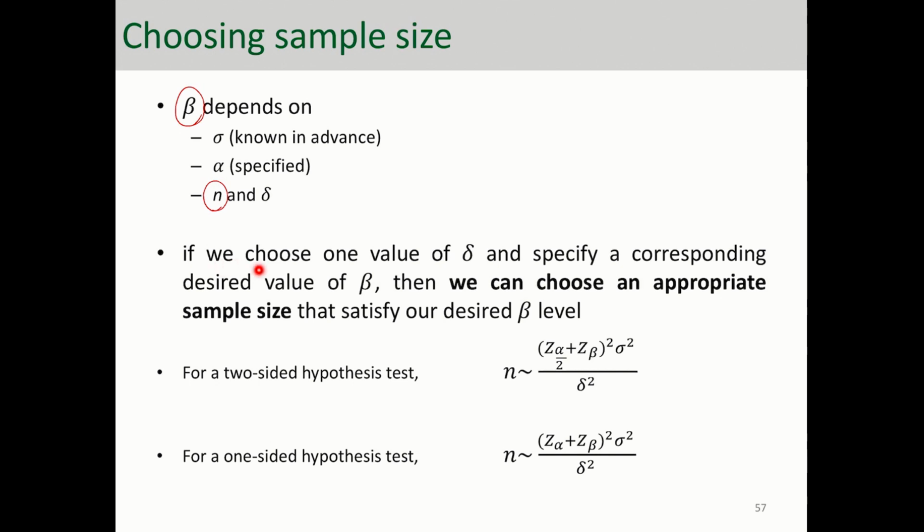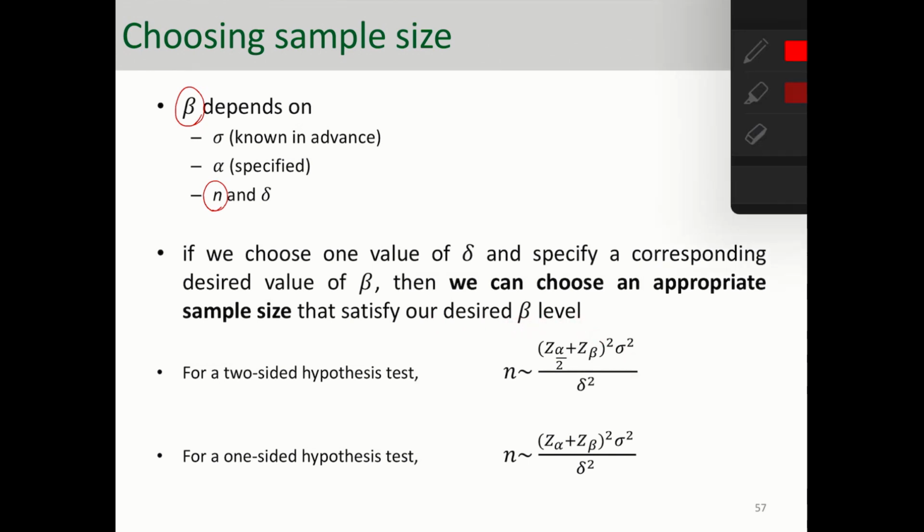Basically, if we choose one value of delta, which is the difference between the true population mean and your hypothesized mean, and specify a corresponding desired level of beta, let's say that your desired beta is 10% or 5%, then we can choose an appropriate sample size that satisfies our desired beta level.